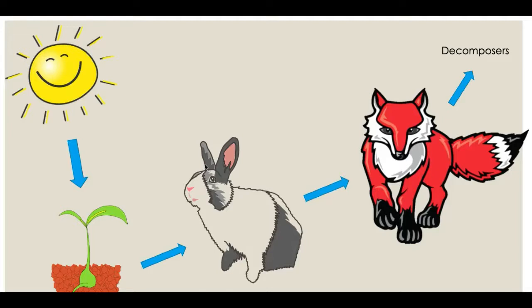The main source of energy is the sun. The sunlight will be absorbed by the plant, then it will be eaten by a herbivore, which is the bunny, and then it will be eaten by a carnivore, which in this example is the fox. The fox will then die and its remains will be decomposed by the decomposers.